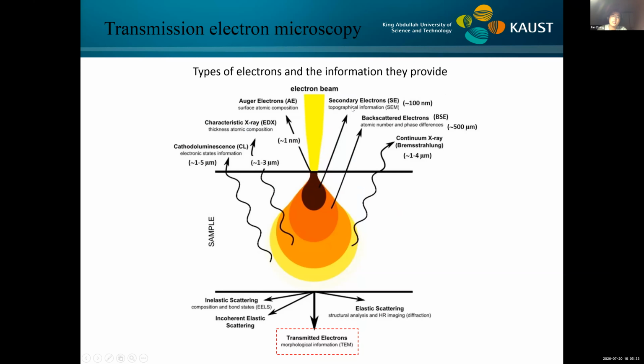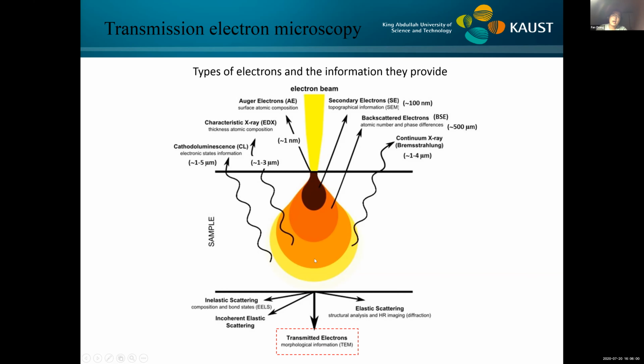For example, secondary electrons are very important in the SEM system, and the characteristic X-rays give us the information of the elements. At the same time, we also get the transmitted electrons, the most important ones we use in the TEM system. They tell us the morphological information of our samples.